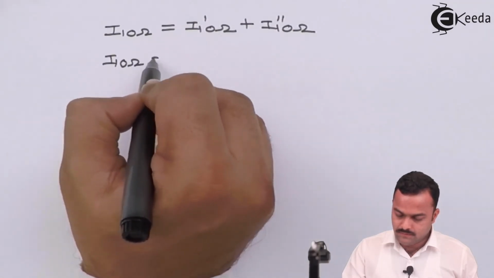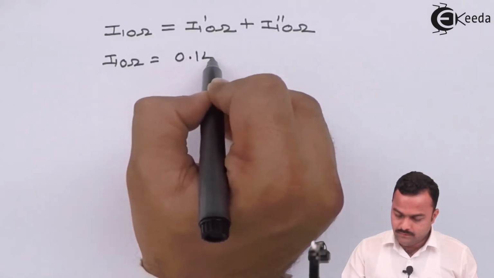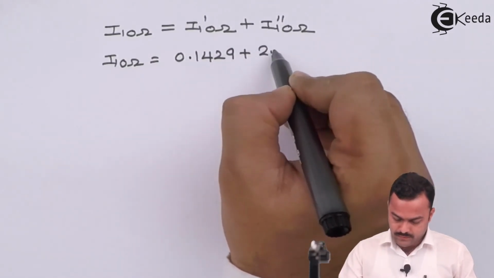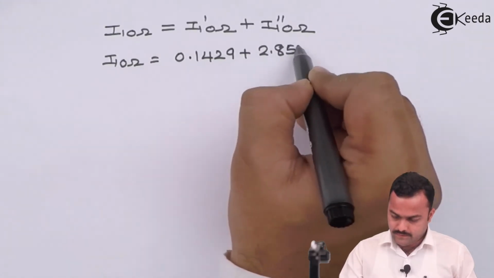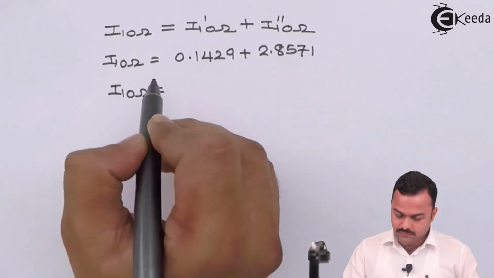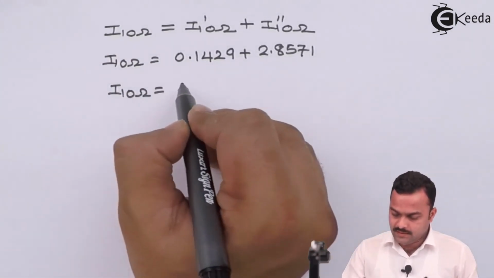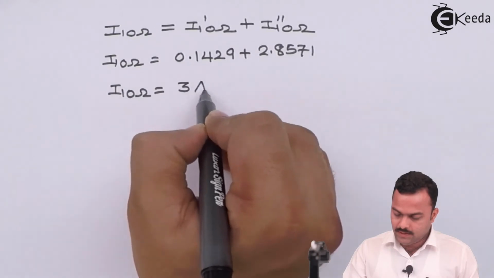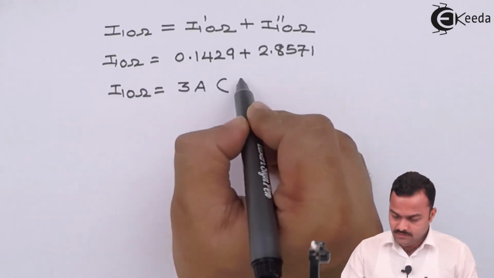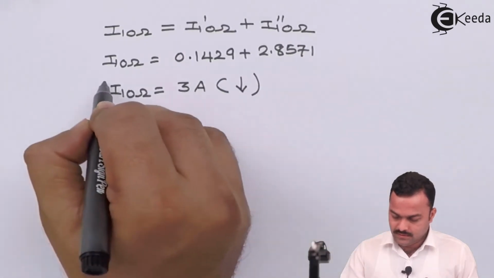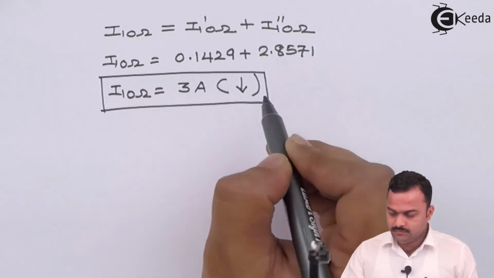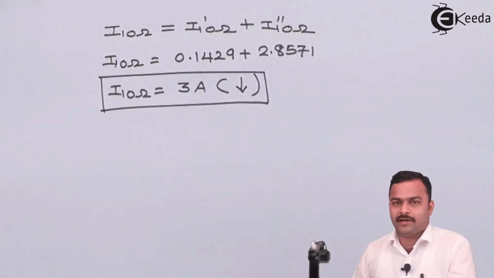So this is equal to 0.1429 plus 2.8571. So upon solving this, we'll get 3 ampere, and both the current directions we mark same. So we will get a current flowing as a downward direction. So I10 ohm is 3 ampere is the final answer.